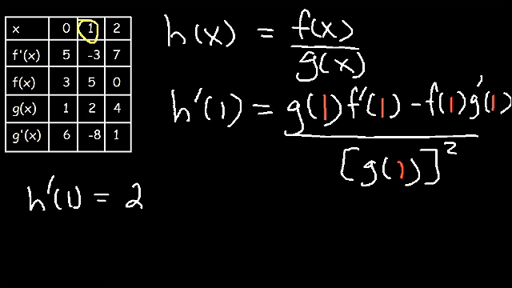So we're at 1 again, and we're looking for f prime. So they meet at -3. So f prime of 1 is -3. And then f of 1 is 5. And what's g prime of 1? So g prime of 1 is -8.